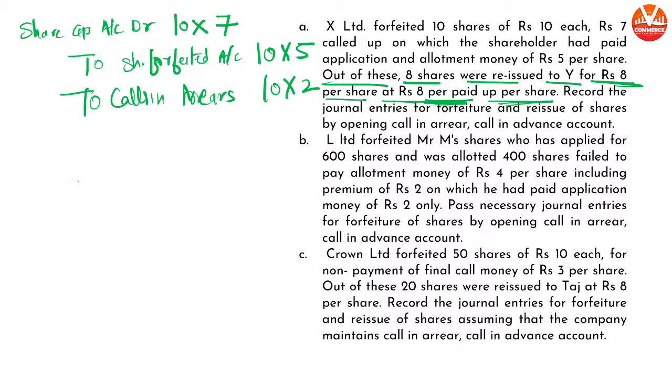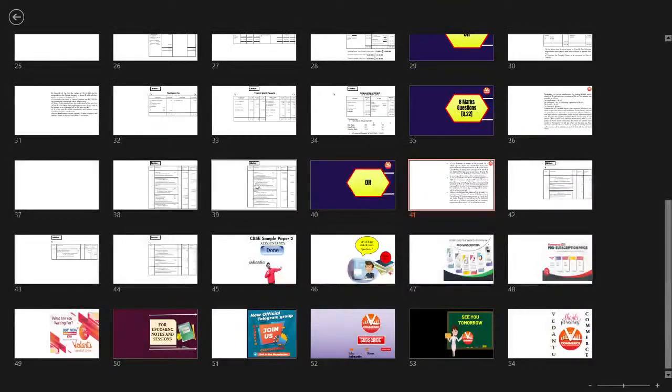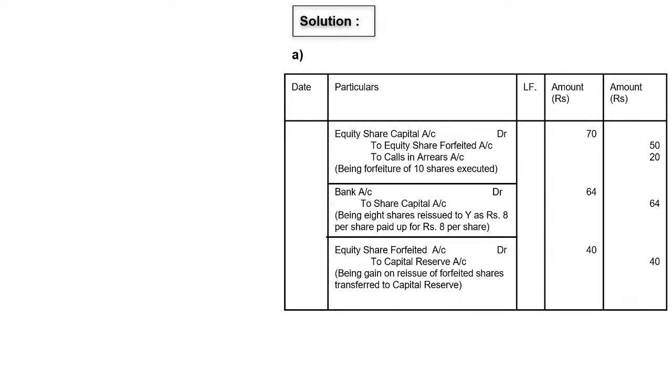So the next journal entry will be bank account debit to share capital. 8 shares are issued for 8 rupees. So it will be 64. Now we have to transfer the balance to capital reserve.